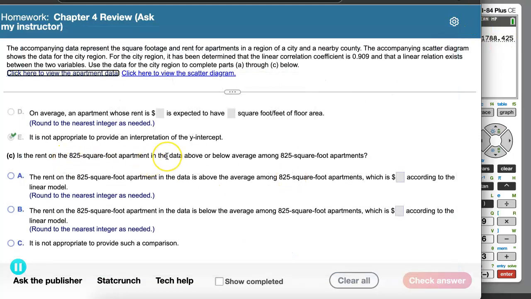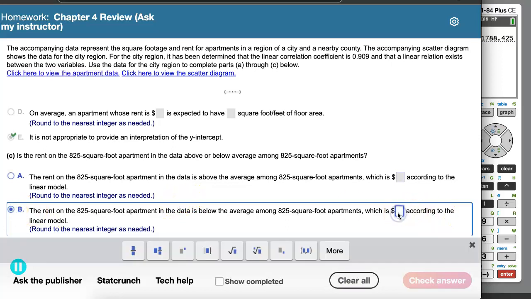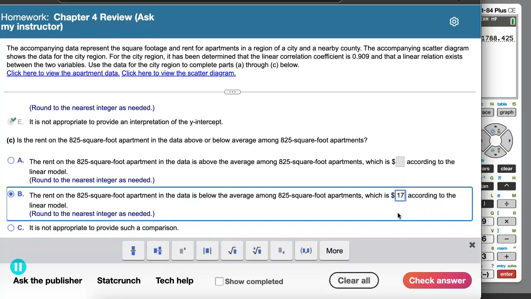Just make sure that we're making the correct statement here when we're comparing those two. So it's specifically saying, is the rent on that apartment in the data, notice in the data that's below what we were just finding there from the linear regression line, because the linear regression line said that it should be $1,788.43.